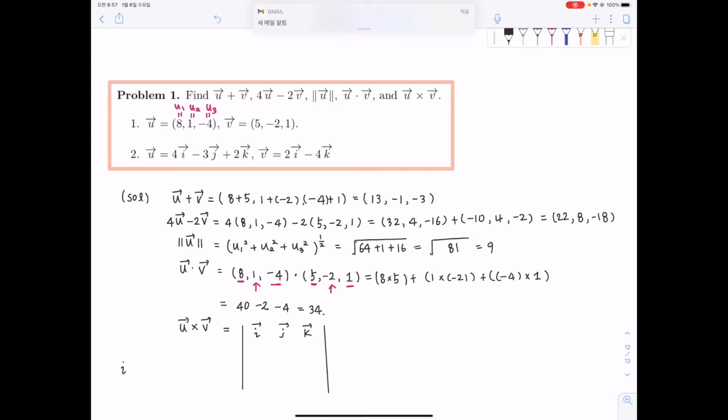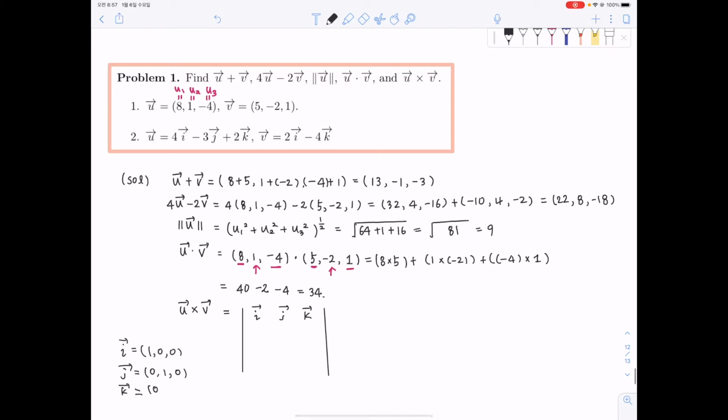As we learned in the lecture, i is 1, 0, 0, and j is 0, 1, 0. k is 0, 0, 1. So here we put the u vector, 8, 1, minus 4, and the v vector, 5, minus 2, 1.